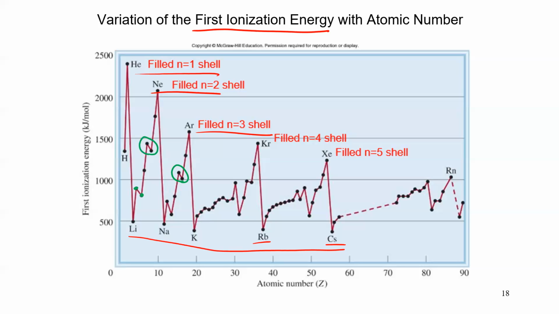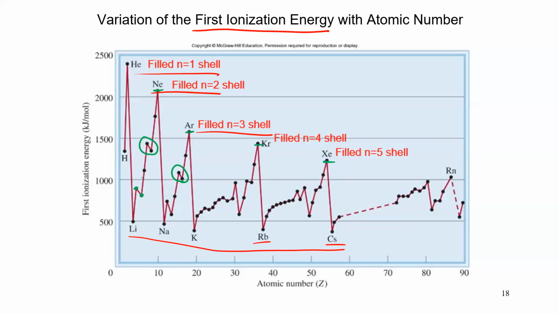Boron, 2s2, 2p1, has just one electron in that subshell. So it's actually a little bit easier for boron to lose that electron because there's only one electron in there anyway. Once a subshell is full, it's harder to pull that electron out.